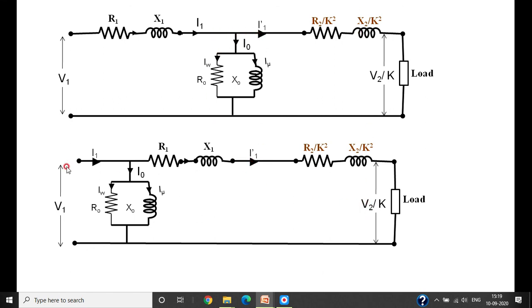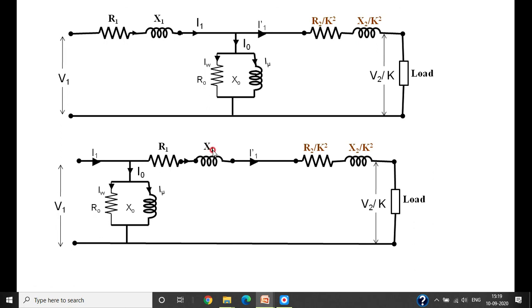The total current drawn by the supply is I1, it is I0, and the remaining I1 dash will flow here. Previously the current flowing through R1 and X1 was I1, but by the assumption of shifting this, now the current flowing through R1 and X1 is I1 dash because I0 is very small.